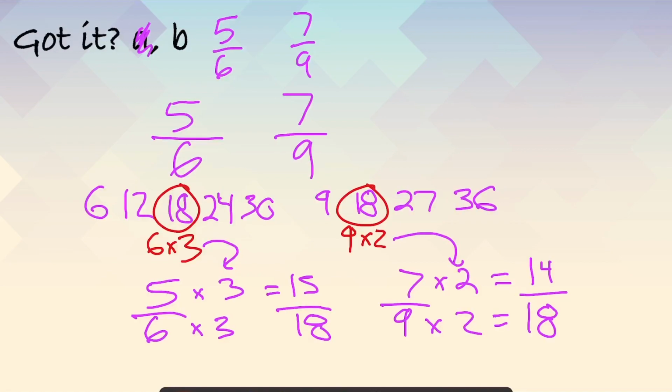So we're comparing 15/18 and 14/18. Well, 15 parts of 18 is certainly greater than only 14 parts of the same 18. Okay? Hopefully this is starting to make sense in your minds.